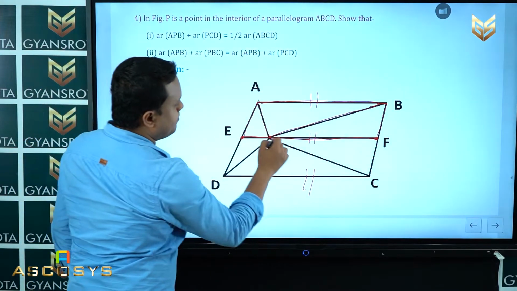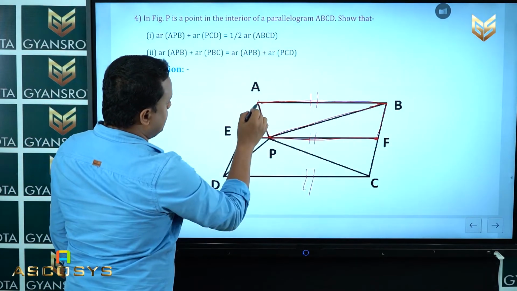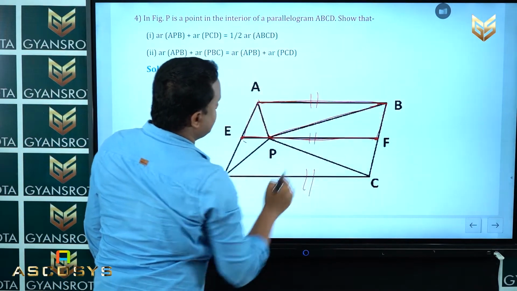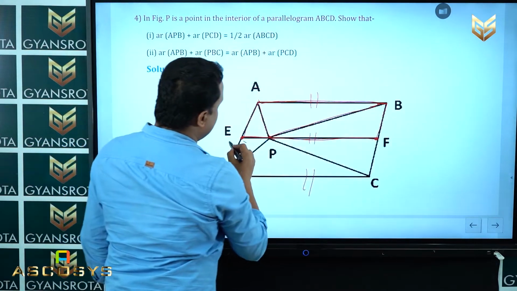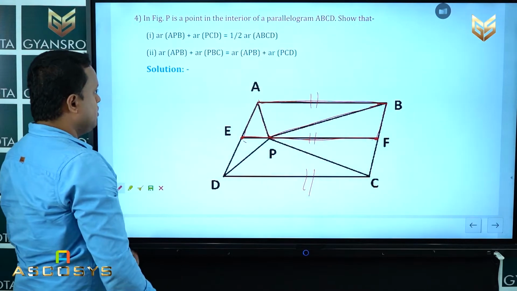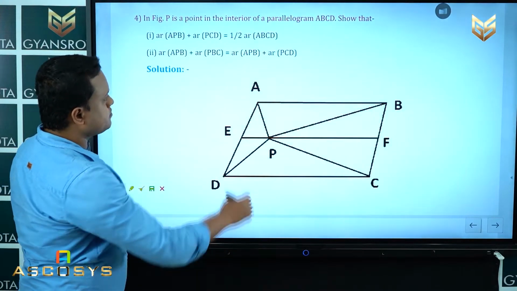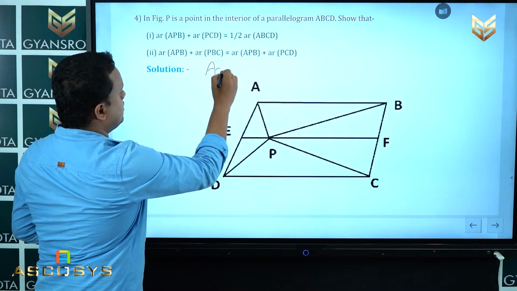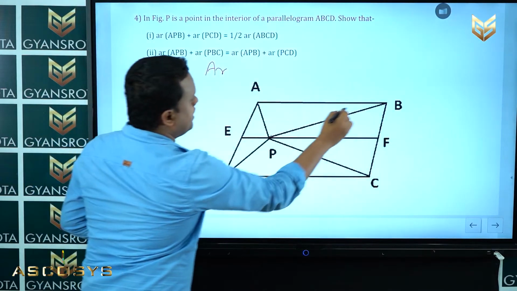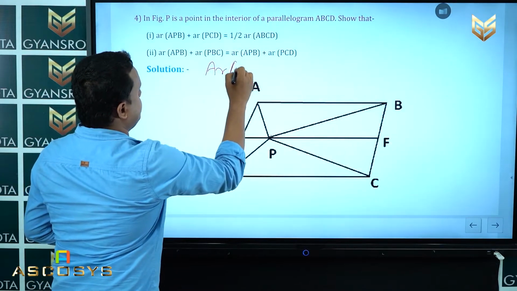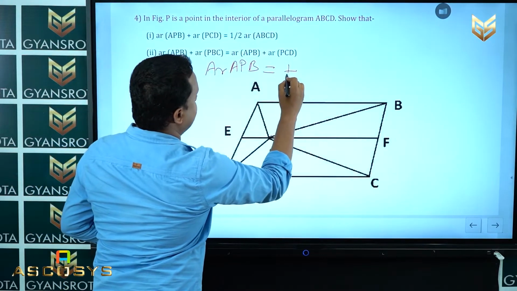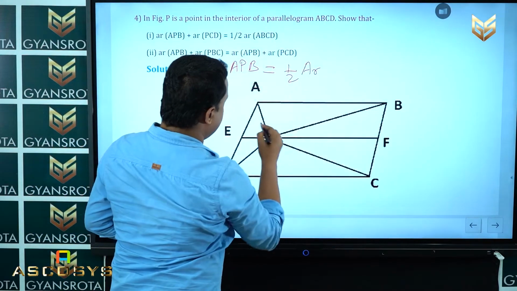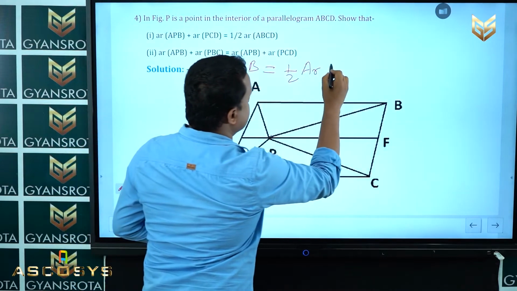So now this triangle APB and parallelogram AEFB are on the same base AB, and between the same parallels AB and EF. So we can write area of APB equals half of area of AEFB.